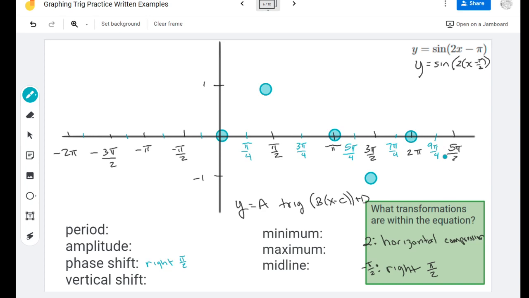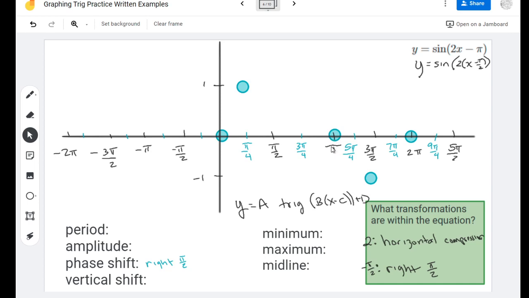Okay, so now to do our compression. What I'm doing is looking at the distance from each of our points to the y-axis because it's a horizontal change. And so I can count how many hops it is to get to that point, and I can divide that by 2. So this one is 2 hops away from the y-axis, so now it's only 1.